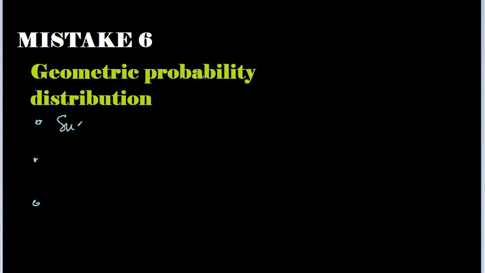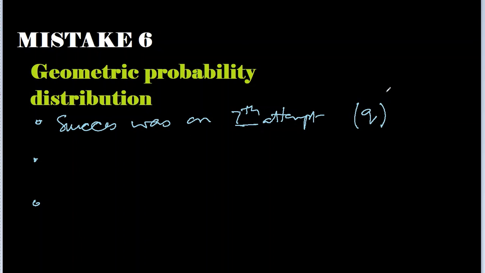First, the success was on, say, the 7th attempt, right? So that means before this, all 6 attempts were a failure. The probability of failure is q, right? You will fail 6 times and then you will get the success on the 7th time. This is how you interpret this.